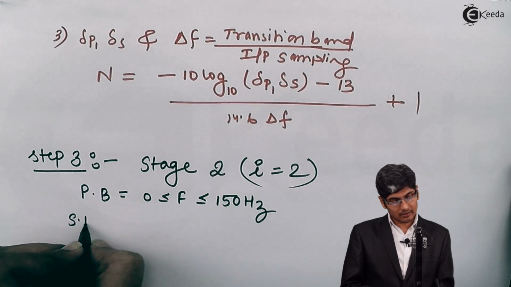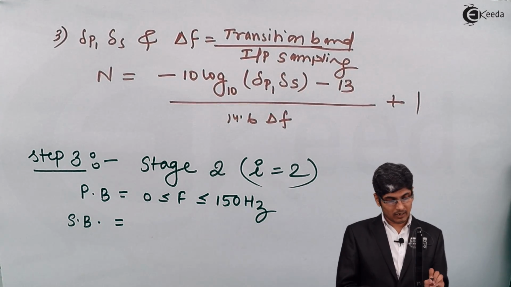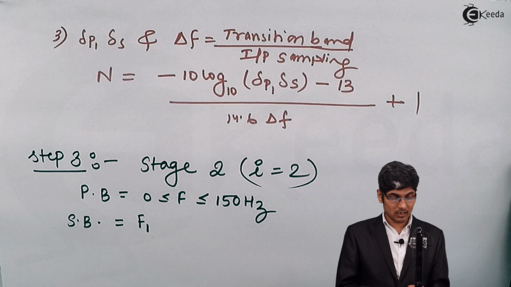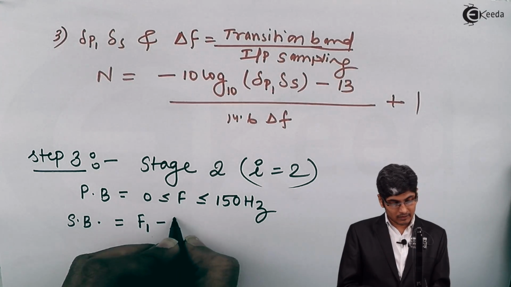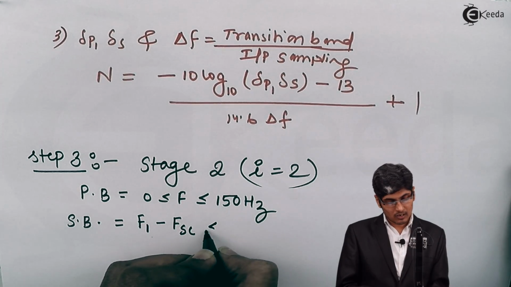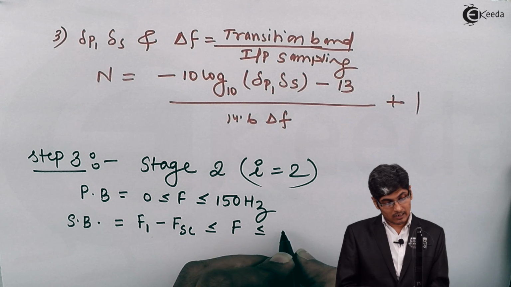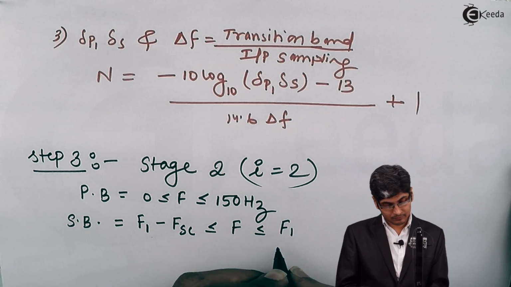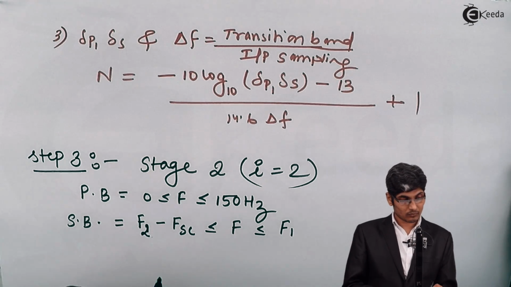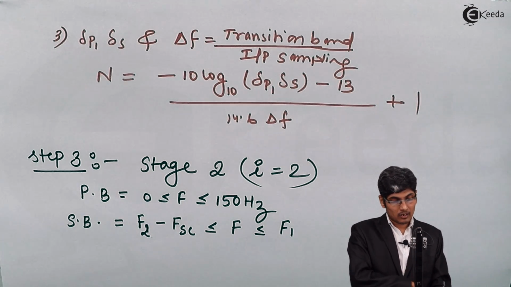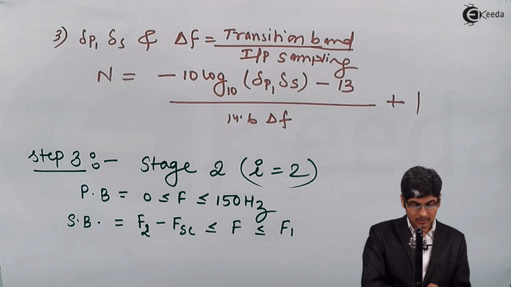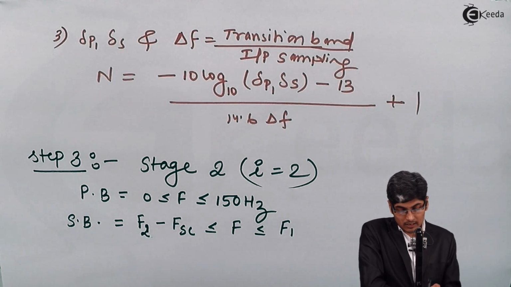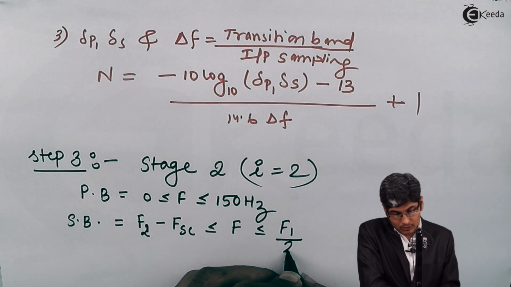Then what will be the stop band? Now in the stop band we have to take care. It will be F2 minus FSC less than or equal to f less than or equal to F1 by 2.